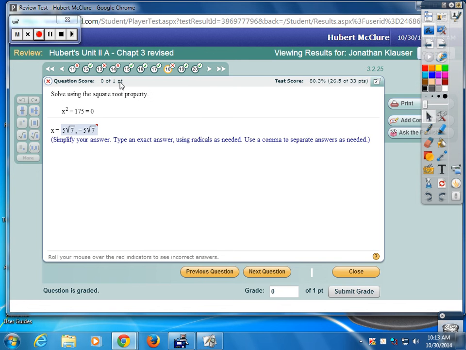All right, 18. Solve that one using the square root property. In other words, move the 175 over and solve it.